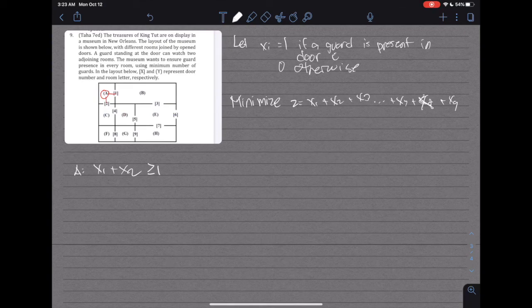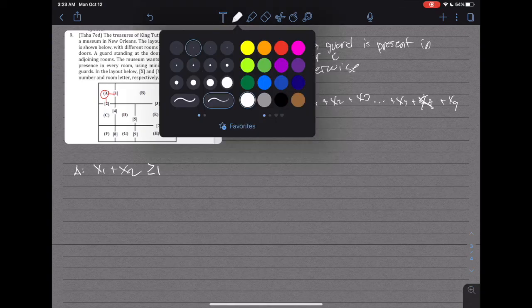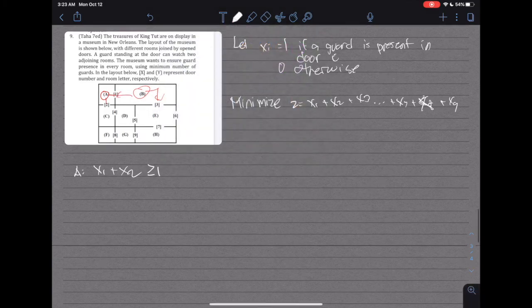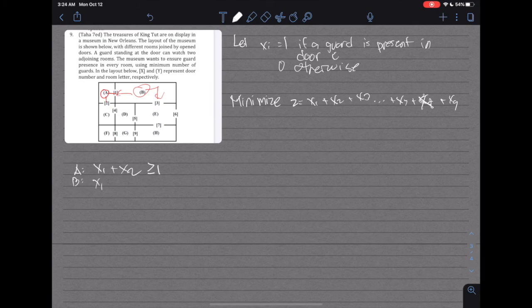Okay, the next element in the set is room B. Room B is guarded by guards 1 and 3. So for room B, x1 plus x3 is greater than or equal to 1. And we simply do the same for all rooms. Room C, sorry, that's x2 plus x4 is greater than or equal to 1.